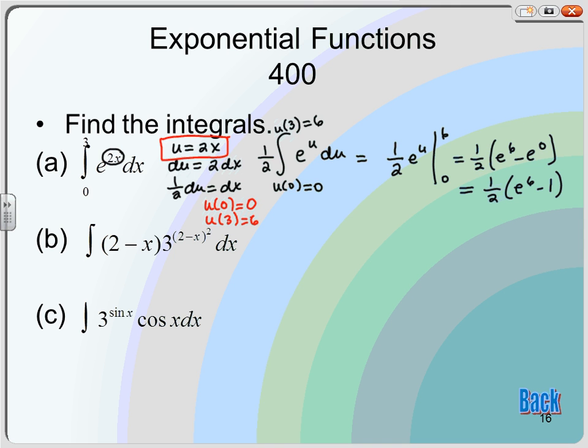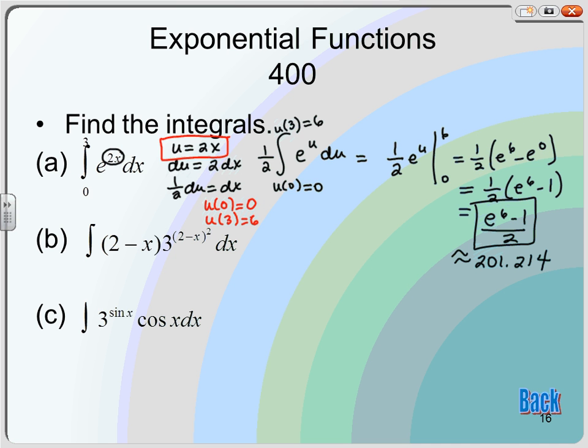You might see it written like that, or (e^6 minus 1) all over 2, or you could see the decimal version. So (e^6 minus 1) divided by 2 is about 201.214.